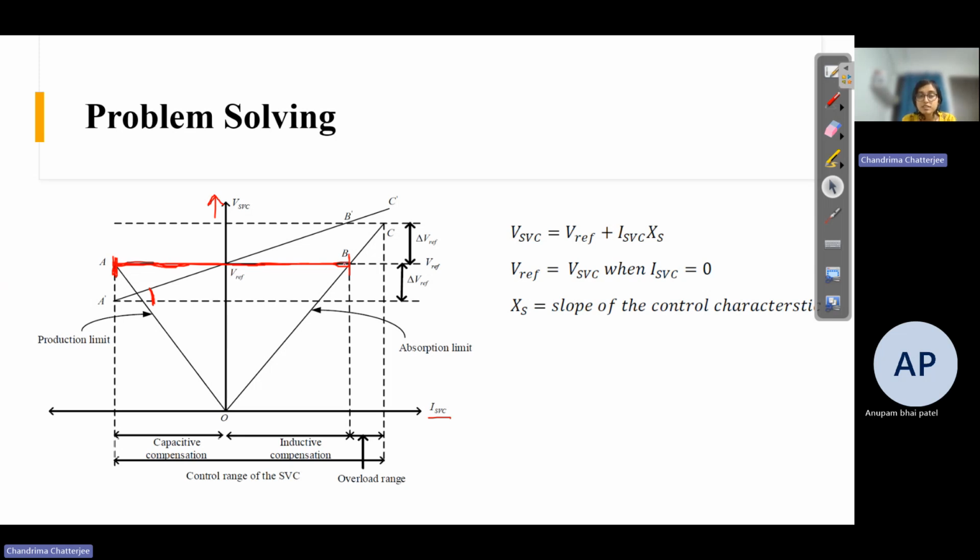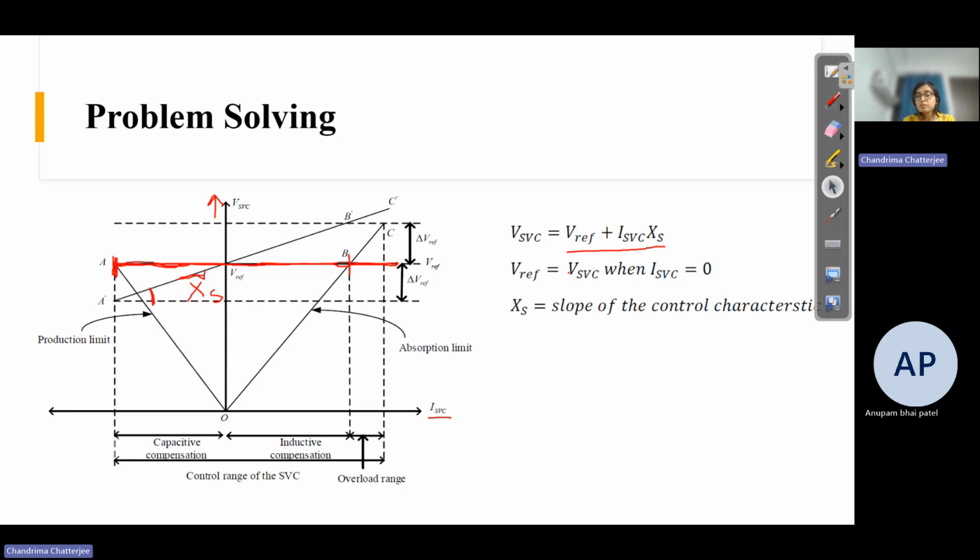What will change is, now suppose this is the voltage V reference. Now what will be the voltage? The SVC voltage will be V reference plus ISVC XS, where XS is the slope. Okay. In that case, the VSVC will be this.